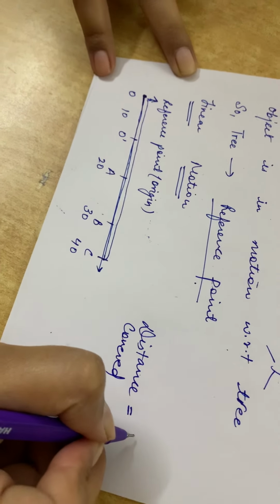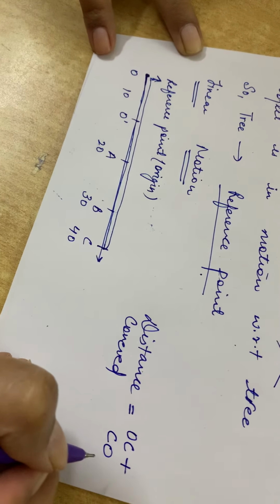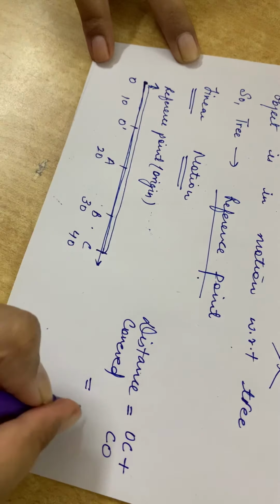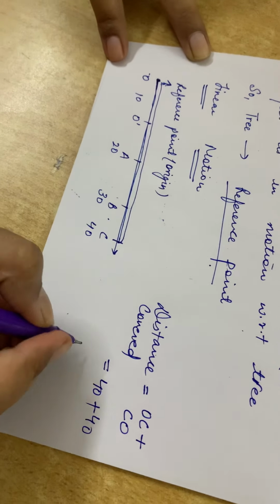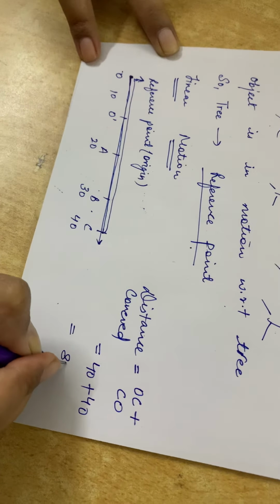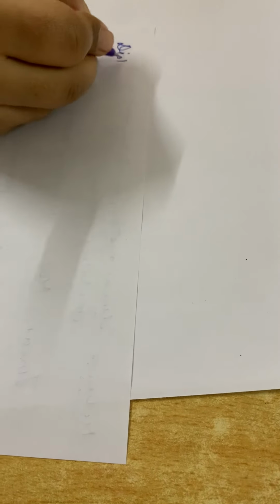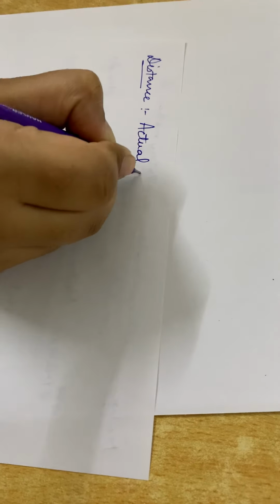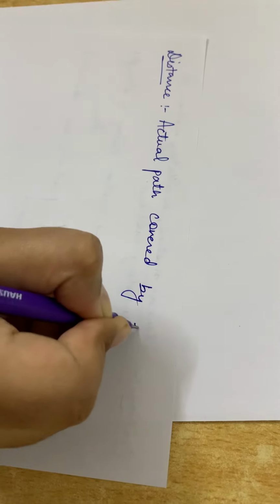He has moved from O to C, which is 40 kilometer, plus C to O, again 40 kilometer. So total distance he has covered is 80 kilometer. So what is distance? Distance is the actual path covered by an object.